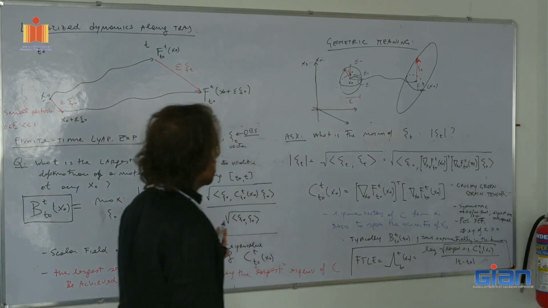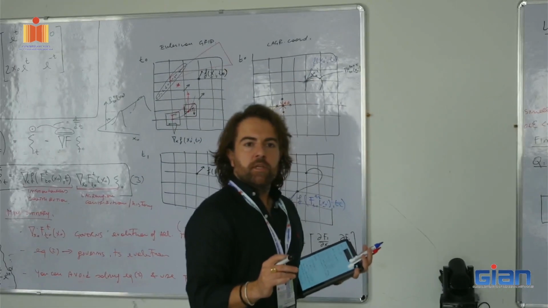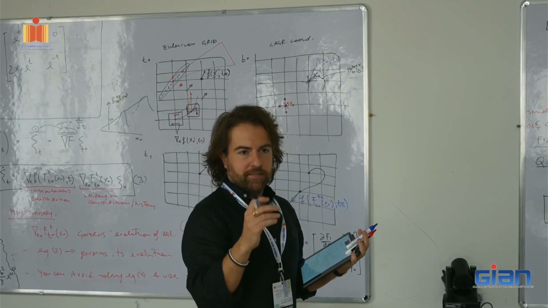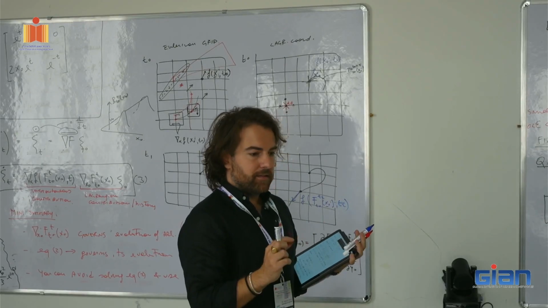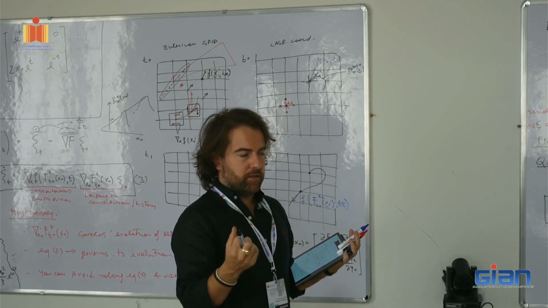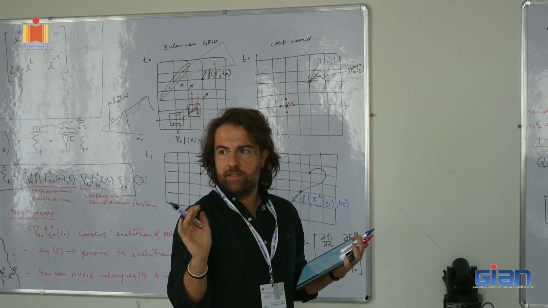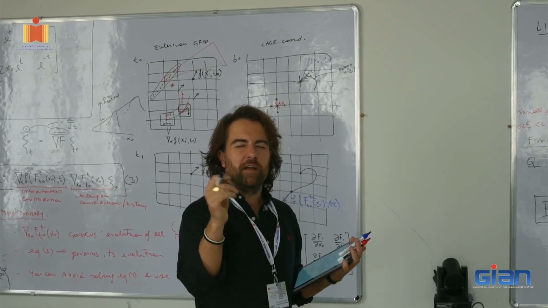If you have a linear system, for instance a linear saddle with stretching coefficient alpha, the stretching exponent would be alpha. Okay, if you just have a trivial linear system, x dot equal to alpha x, y dot equal to minus alpha y.